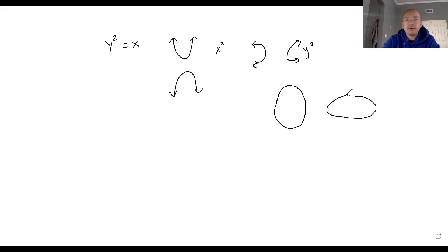So how do we determine, if you look at the equation, which is which? And what form do we put it in? Let's say you're given an equation like x squared plus y squared is equal to 36. Notice a few things. One, both the x and the y are squared.